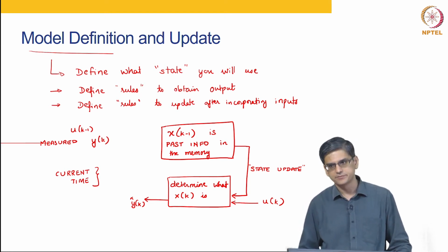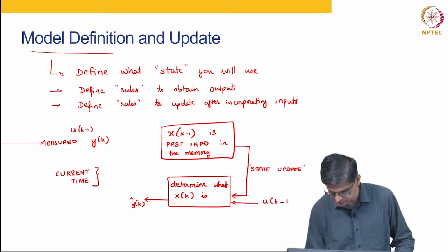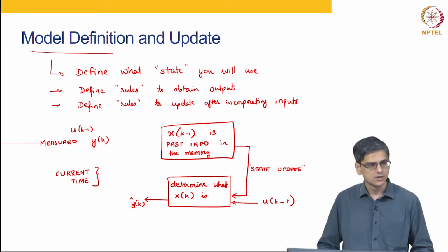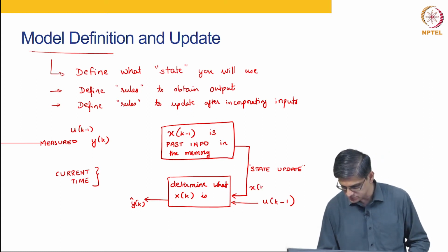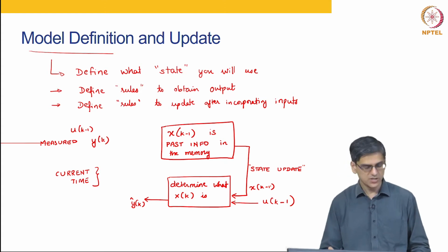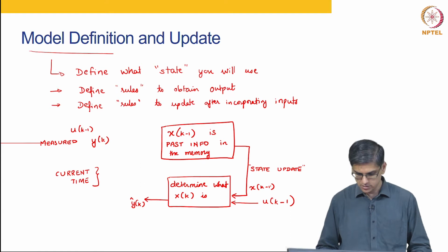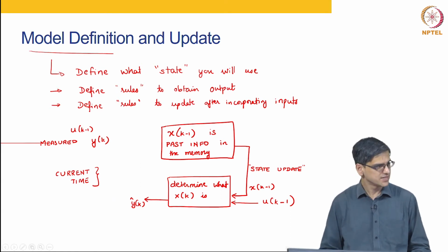Sorry, it is not uk, it is uk minus 1. So, we have our uk minus 1, we have our xk minus 1 coming in. Based on these two, we are going to determine our xk. Using the xk, we can determine what yk is.